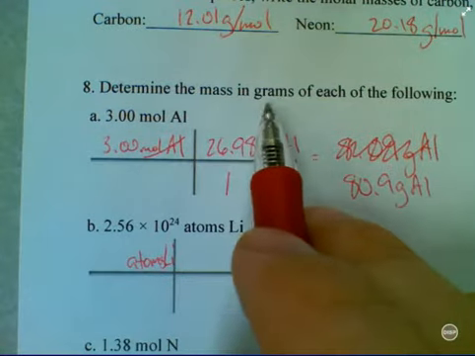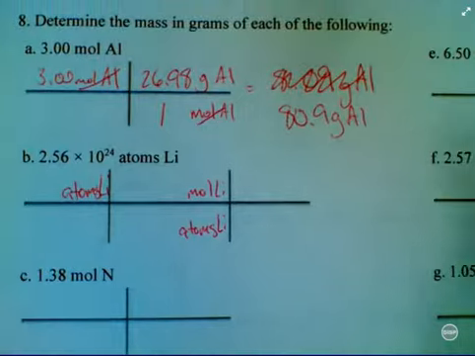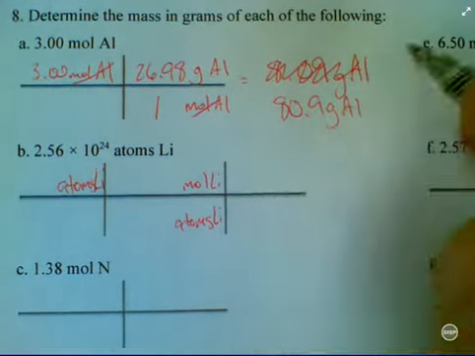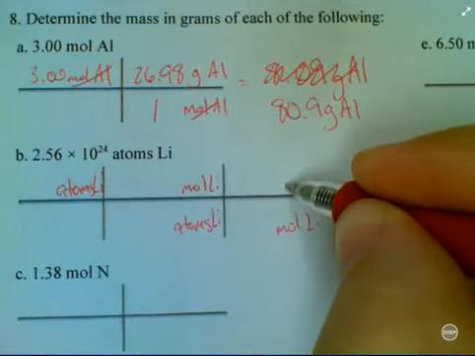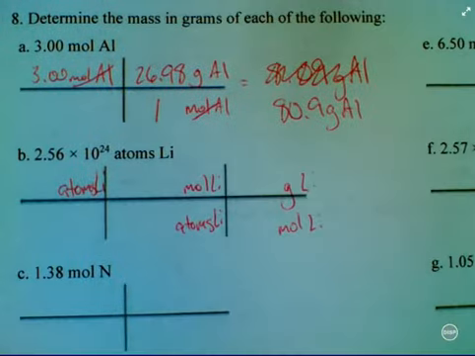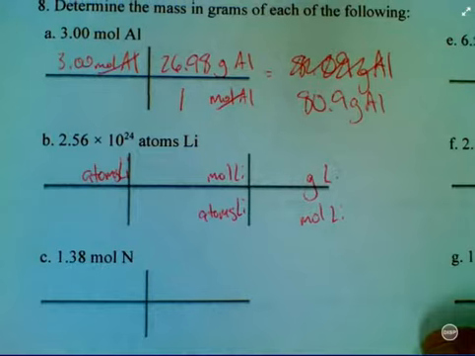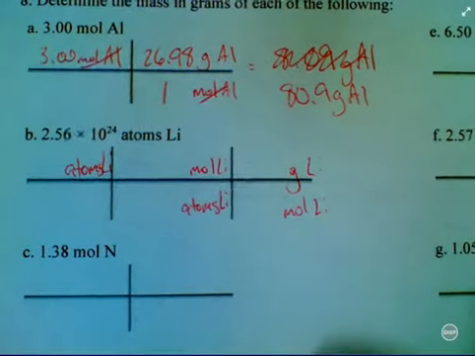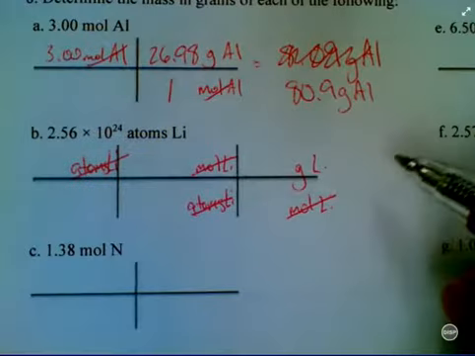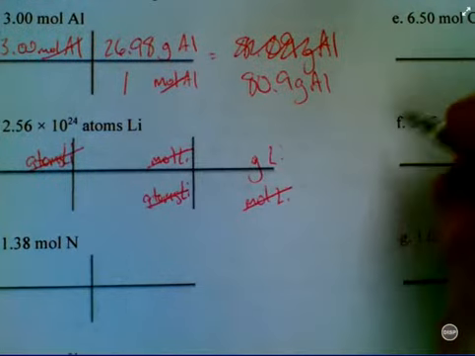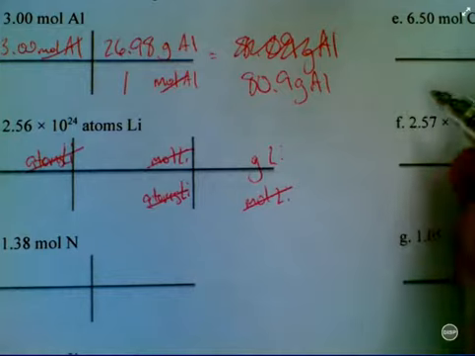The question is asking for grams. And so after I've gotten my value in terms of moles, I'll do one more conversion factor to go from moles to grams. Now I'm in grams. Now we can double check to make sure that this works out. My atoms of lithium will cancel with each other, and my moles of lithium will cancel with each other. So the only unit I'll have left is grams of lithium.